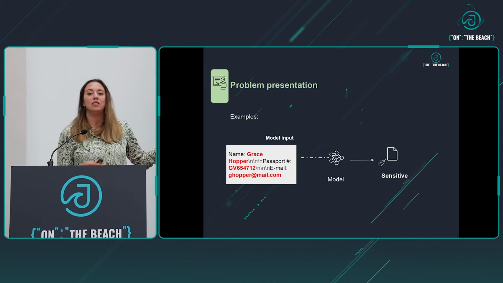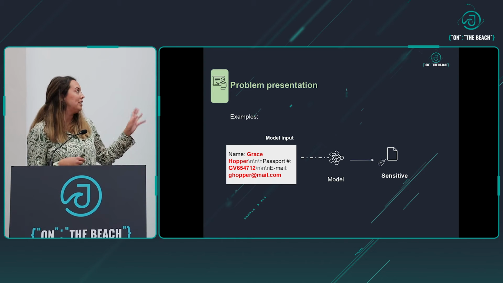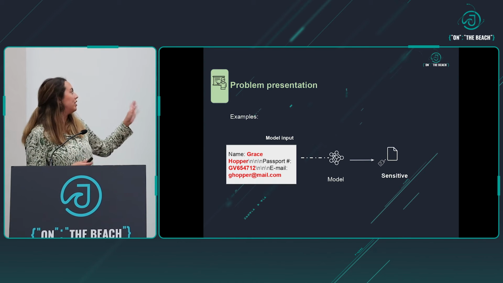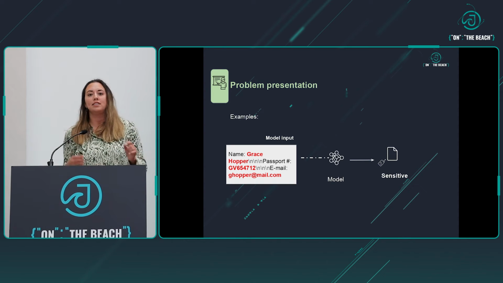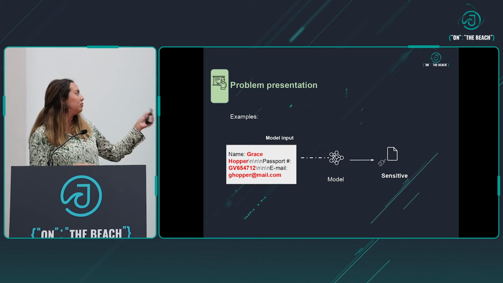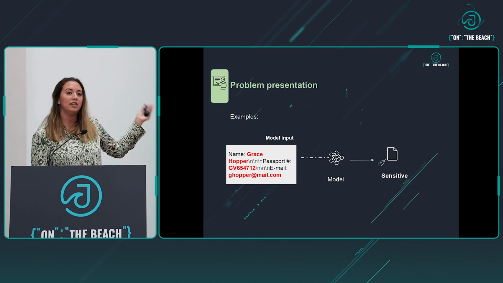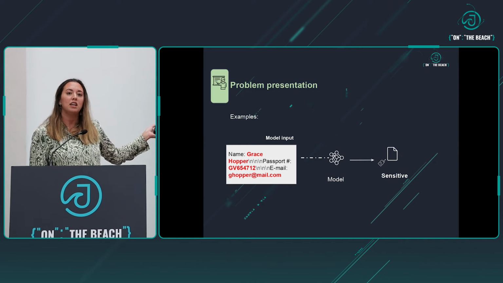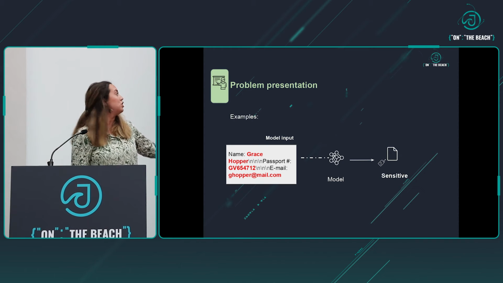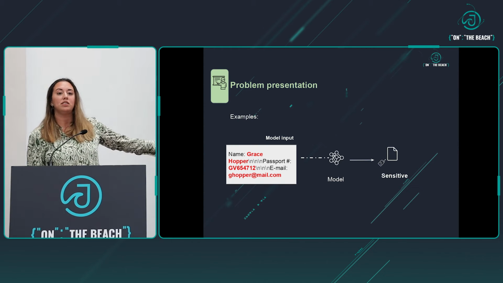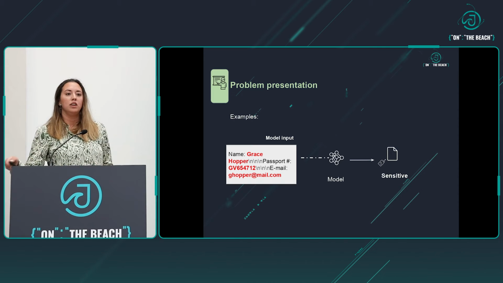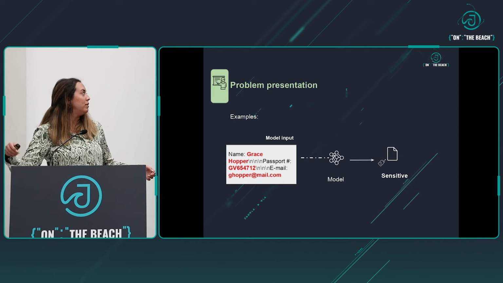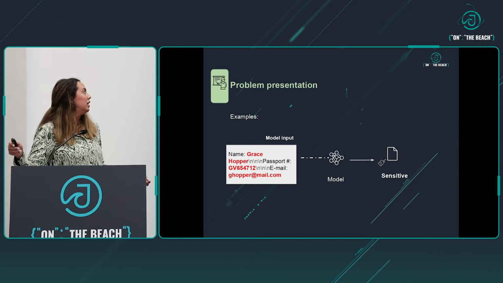This document, by contrast, has a name, Grace Hopper, and this identifies a data subject, and additionally there is some additional information in it that may be considered sensitive. It's a passport, and there is also an email address. So our model had to be able to label it sensitive.